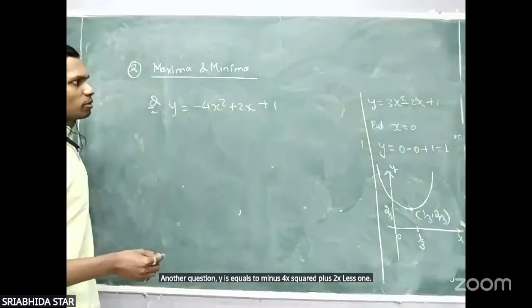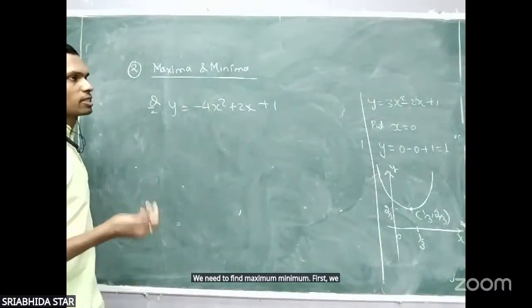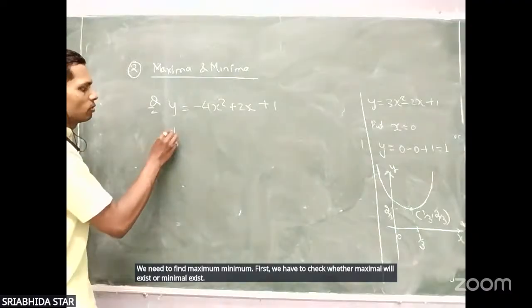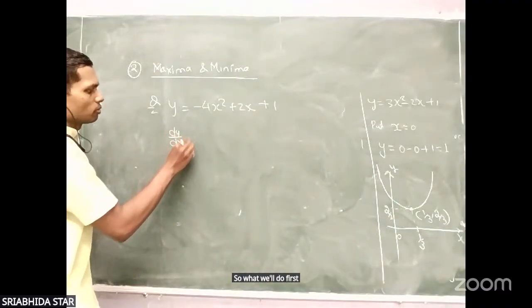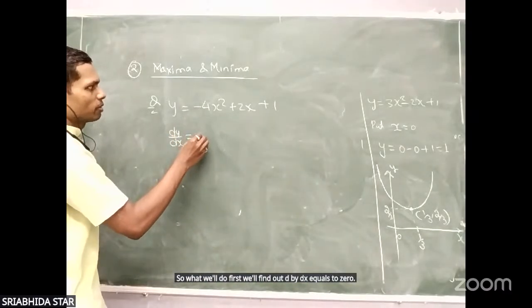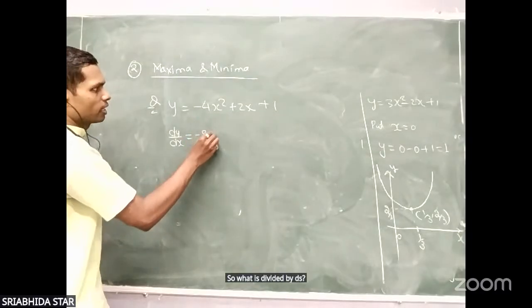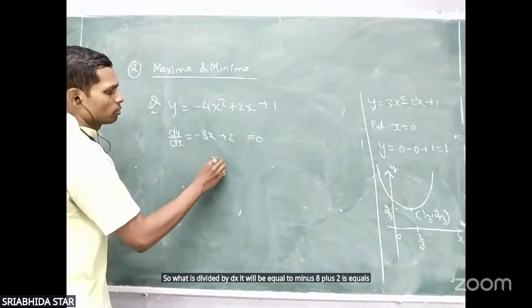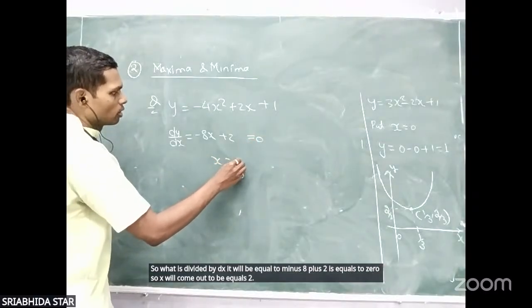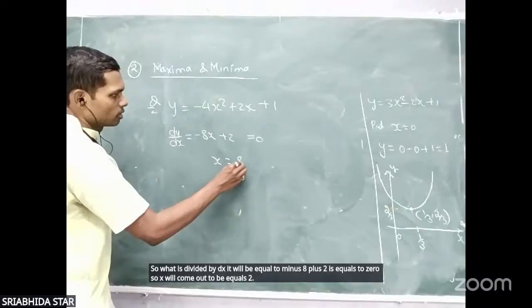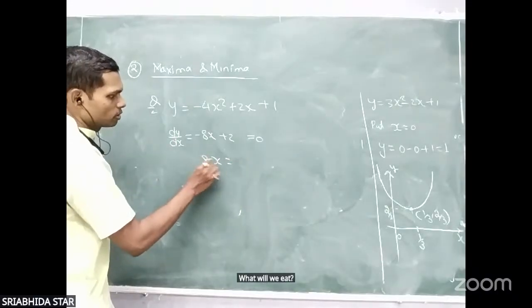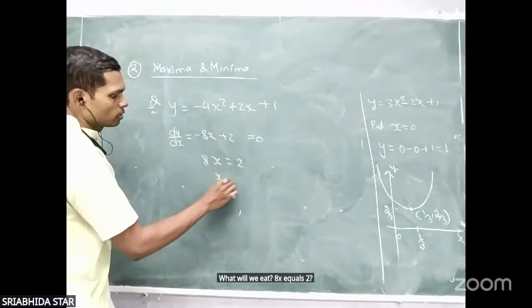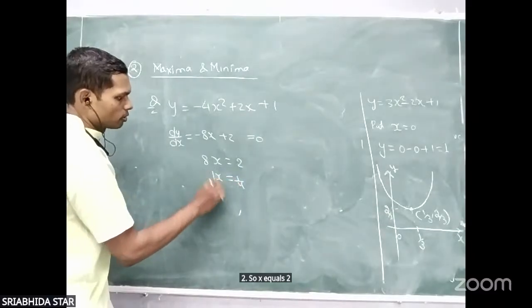We need to find maximum minimum. First, we have to check whether maximum will exist or minimum will exist. So what we'll do, first we'll find out dy by dx equals to 0. So what is dy by dx? It will be equals to minus 8x plus 2 equals to 0. So 8x equals to 2. So x equals to 1 by 4.